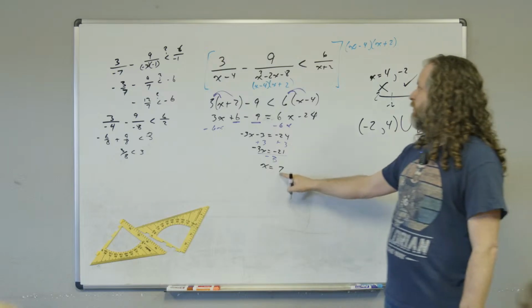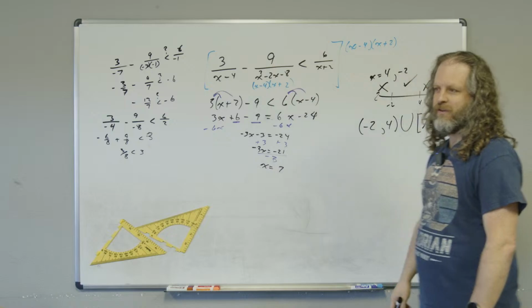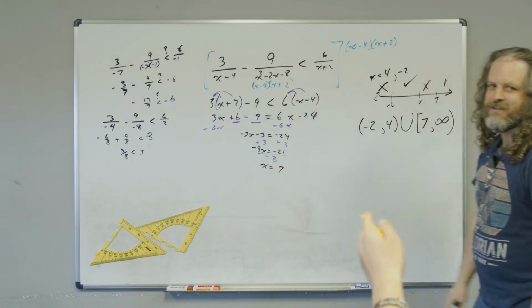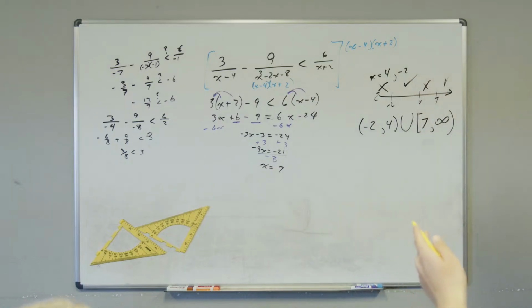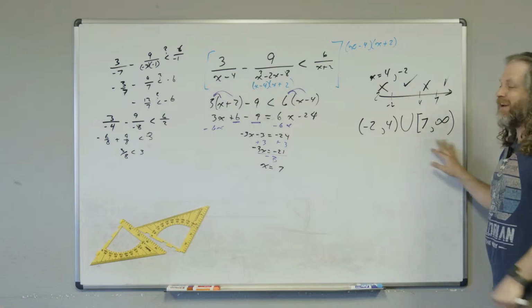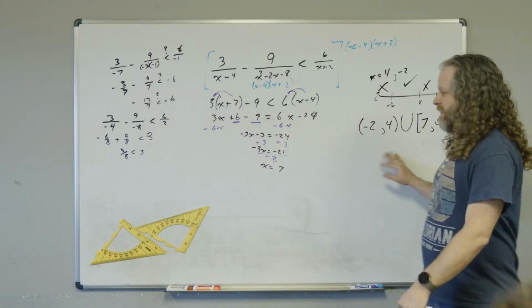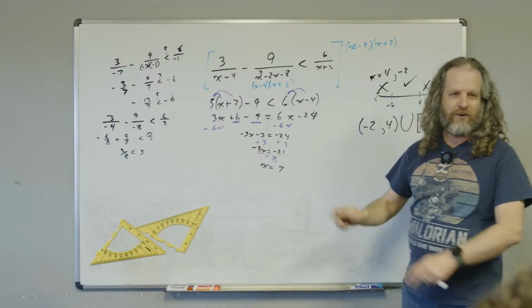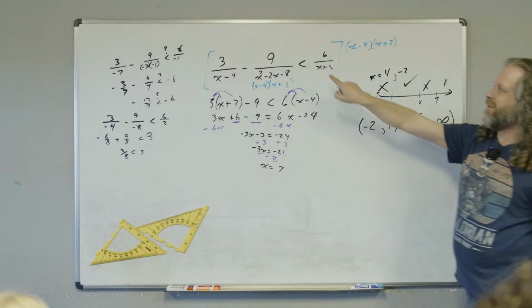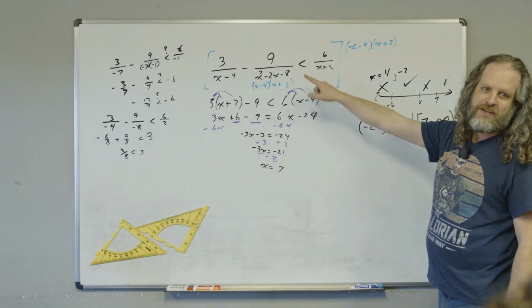Because 7 wasn't one of our doesn't-work-here critical points. 7 was a thing. That's why it's this instead of just x. Because if it wasn't this, it would be x equals 7. Circle it and move on with our life. But because it's this, we've got to check all these other things.